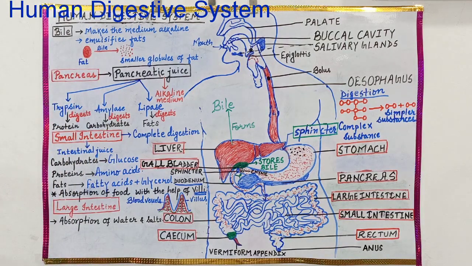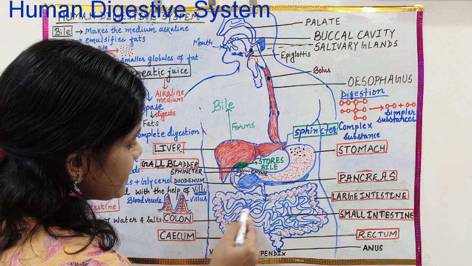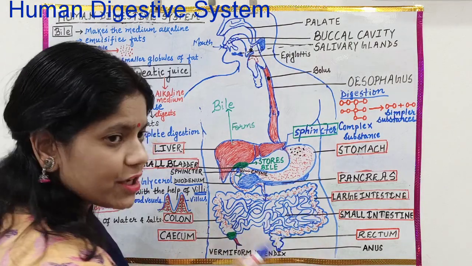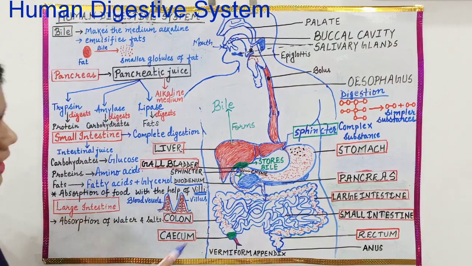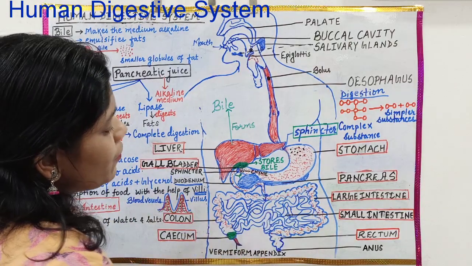You might have experienced that sometimes the stool is watery in nature. This happens when you are suffering from indigestion or certain kinds of infection. In case of infection, the food stays inside the large intestine for a very short time. In that short time, water is not absorbed and the stool comes out with a lot of water.